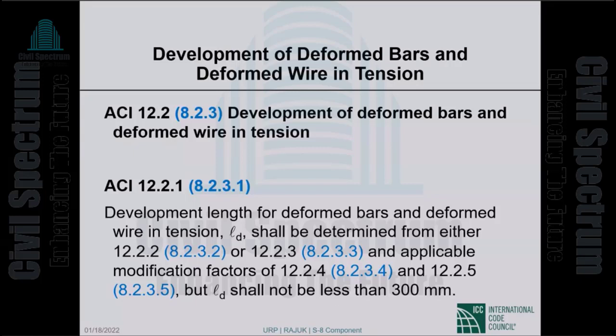The plain versus deformed distinction I didn't bring up in our basic discussion. Plain bars is where we started. Plain bars have very little bond with concrete, because the only bond is by adhesion and basically friction between some rust or whatever on the reinforcing bar and the concrete.